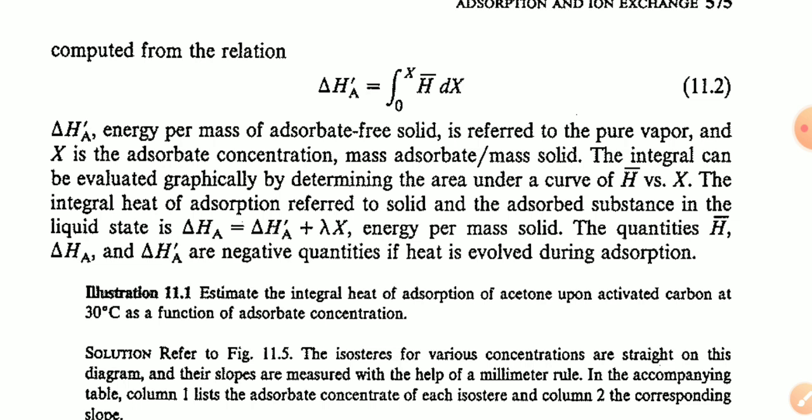The mass adsorbed upon mass of solid. The integral can be evaluated graphically by determining the area under a curve of H bar versus x. The integral heat of adsorption referred to the solid and the adsorbed substance in the liquid state is delta HA equal to delta HA dash plus lambda XA, for energy per mass of solid.